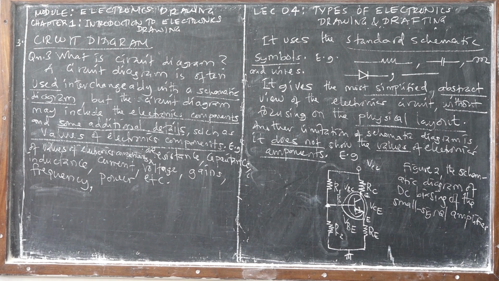So I said separating and then you are writing. Read the definition of circuit diagram. 1, 2, 3, go. A circuit diagram is often used interchangeably with the schematic diagram. A circuit diagram may include the electronics components and some additional details, such as values of electronics components.